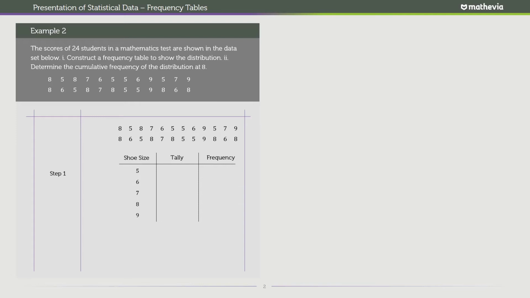So we just work our tally system. We cross out our first datum there, 8, and put the tally mark, and then 5, and put the tally mark, and we keep doing that till we get to the end, and we have frequencies 7, 4, 3, 7, 3. Simple. That's our frequency table.